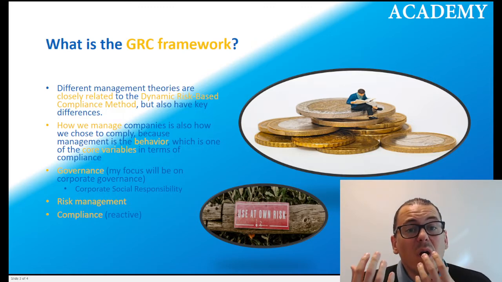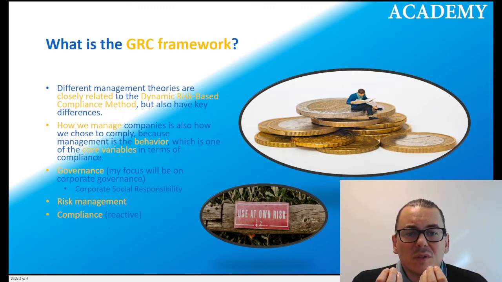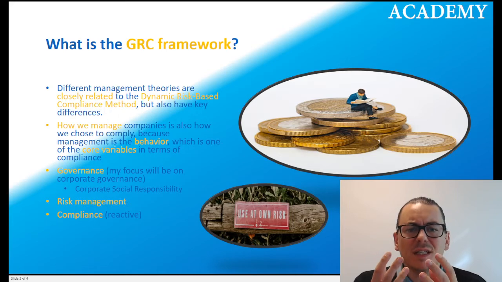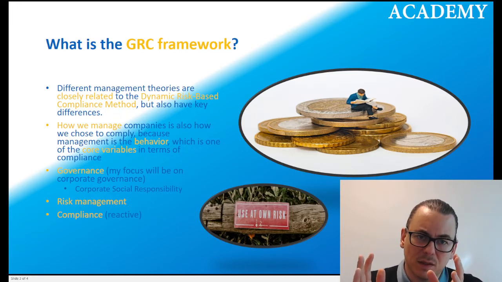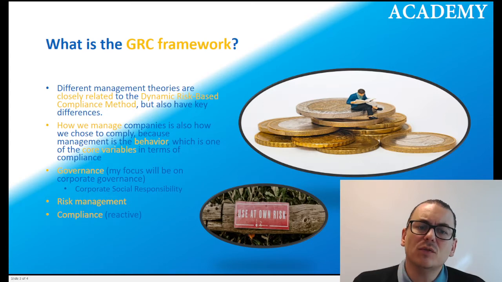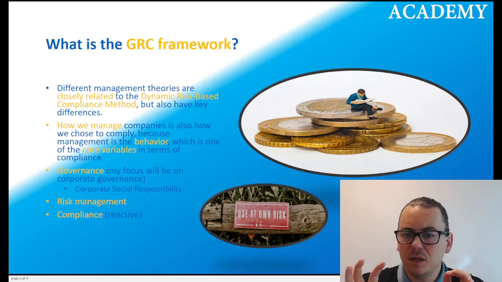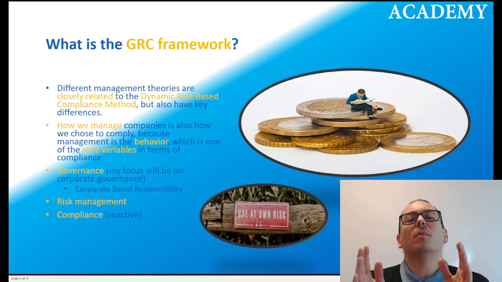So why is this important, and how should we see that management tool as important in terms of compliance? Well, remember that when we define compliance, dynamic compliance, it all comes down to the behavior of an entity, company, member state, doesn't really matter, but the behavior.